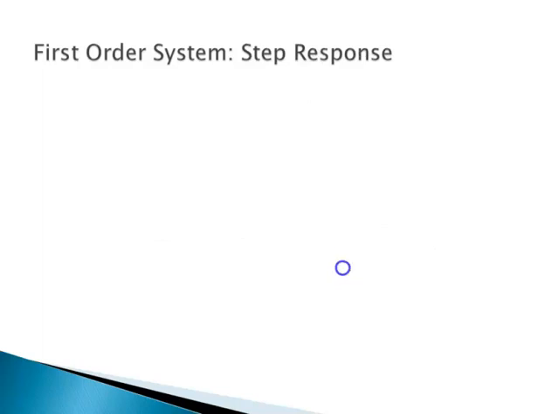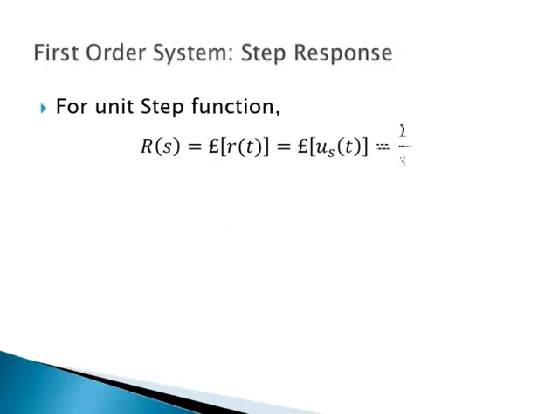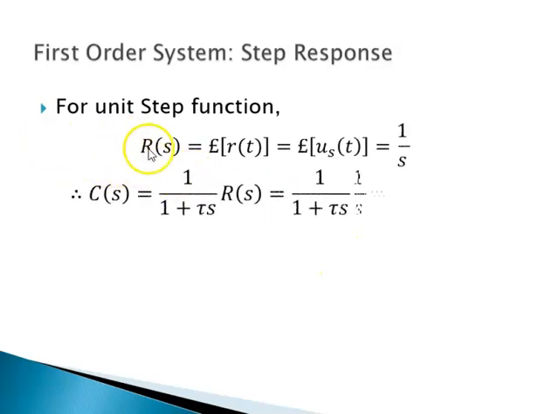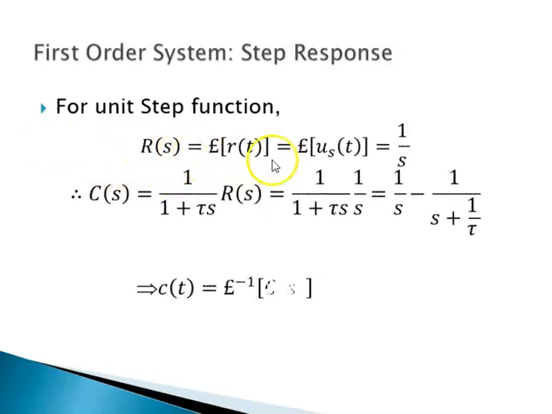The next input that we are going to see is a step input. We have seen that the Laplace transform of a step input is given to be 1 over s. Therefore, we say the Laplace transform of the output is 1 over 1 plus tau s, the transfer function of first order system, multiplied by 1 over s, which is the Laplace transform of the input.